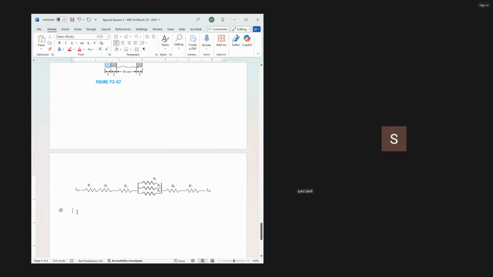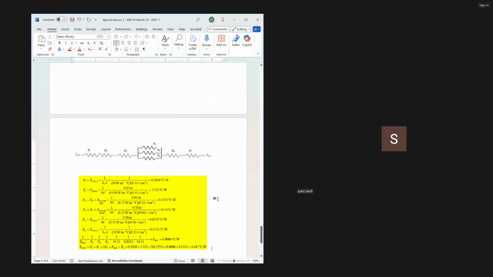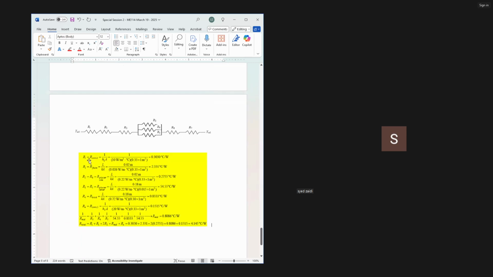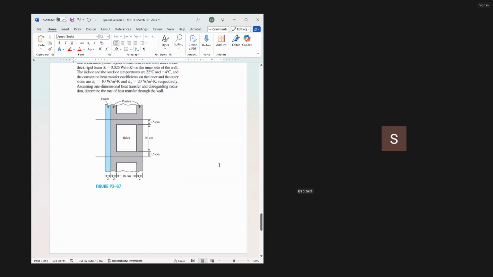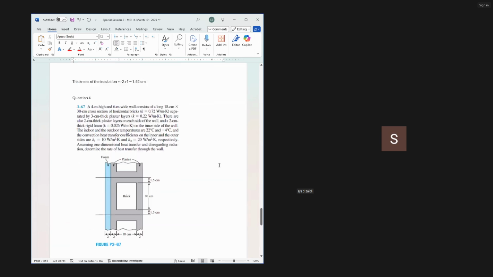So I will just give you the solution here. Ri is R convection, 1 over h1 A. h1 is 10 watt per meter square Kelvin, and area A is given. Remember, it is 1 meter width and 0.33 meter.